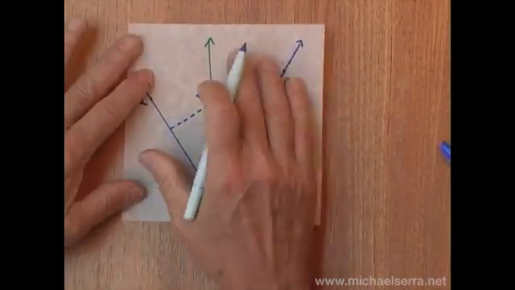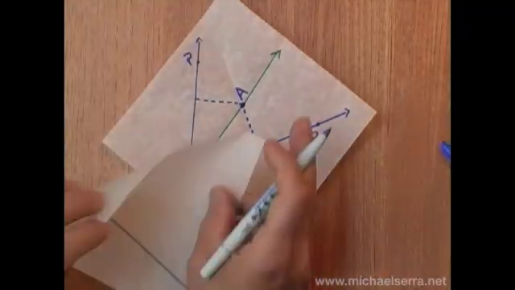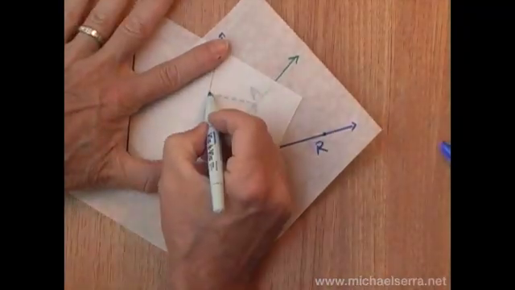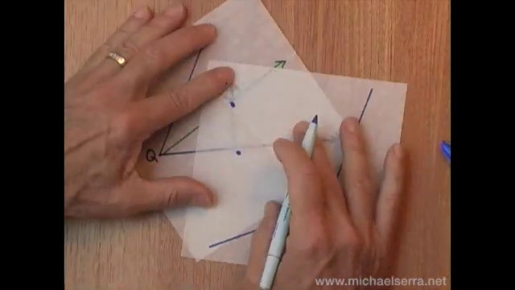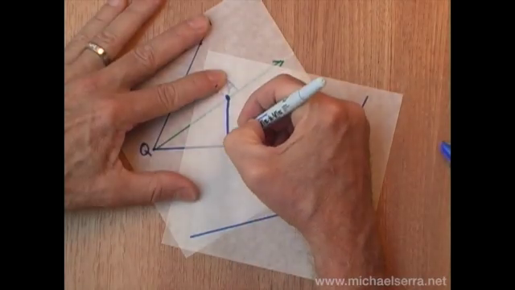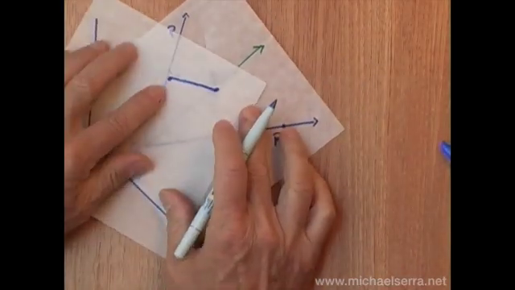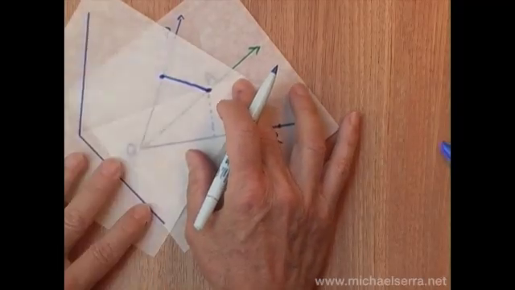How do we compare those two distances? Well, let's grab a patty paper. And there's that distance, and we'll compare it against that distance. Looks like this distance is the same for both. Okay?